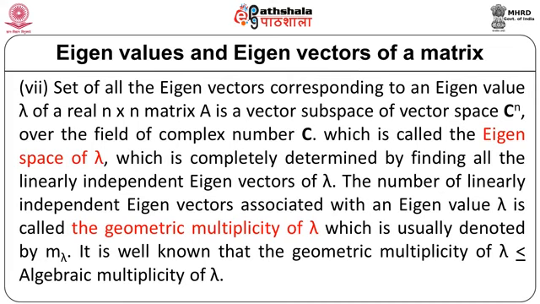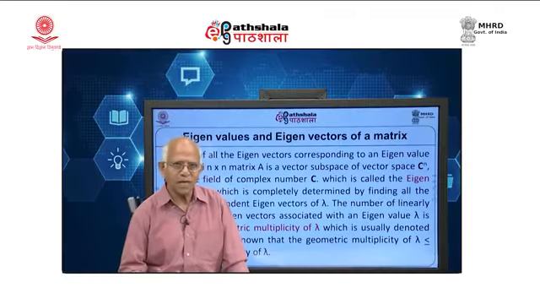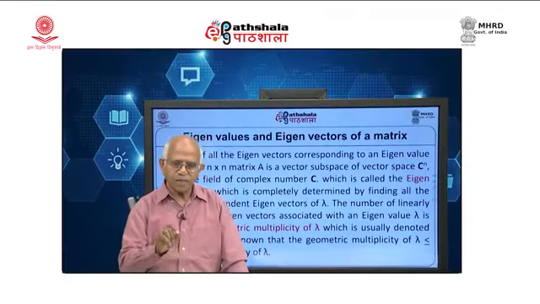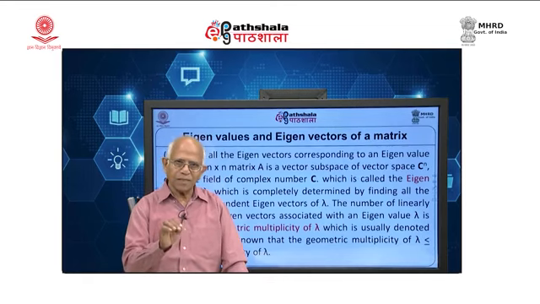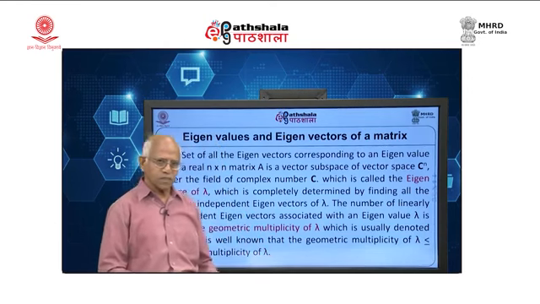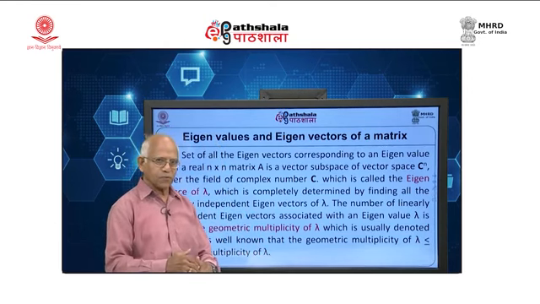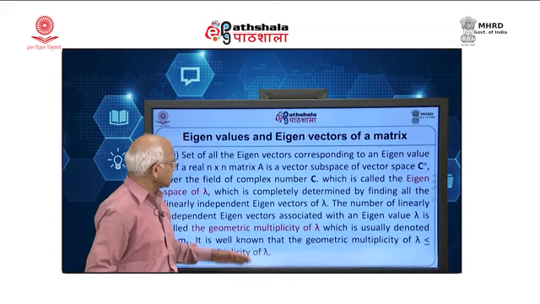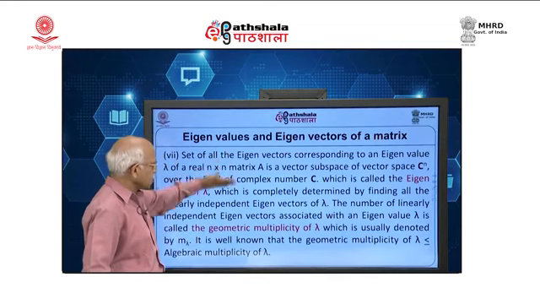It is completely determined by finding the linearly independent eigenvectors of A, because every vector space has a basis, and the basis is formed by linearly independent vectors. So if I can find all the linearly independent vectors corresponding to lambda, that will give me the basis of the eigenspace.